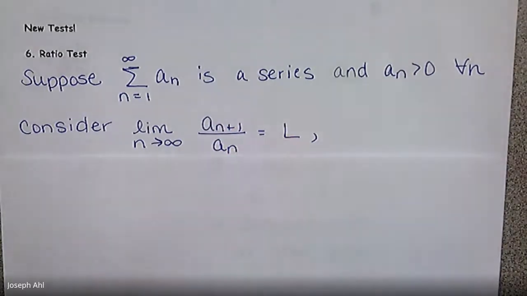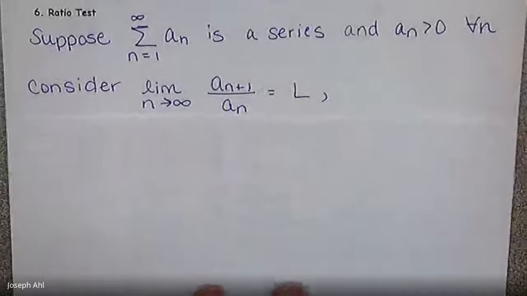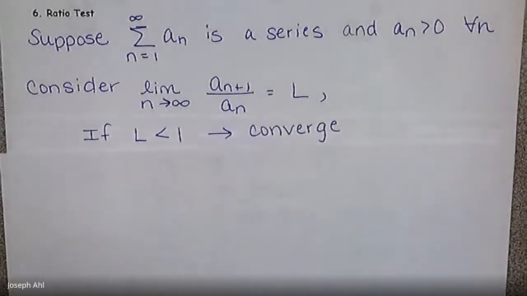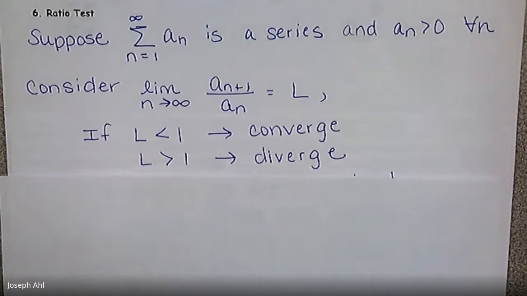And if that limit exists, if it equals L, then the original series will converge under certain conditions. And here are the conditions. If the limit is less than 1, then the series will converge. And meanwhile, if the limit is greater than 1, then the series will diverge.